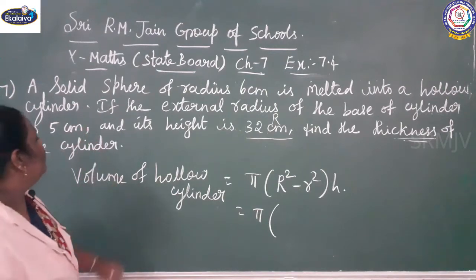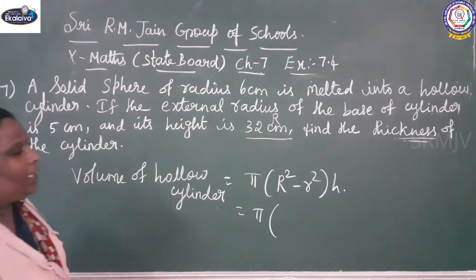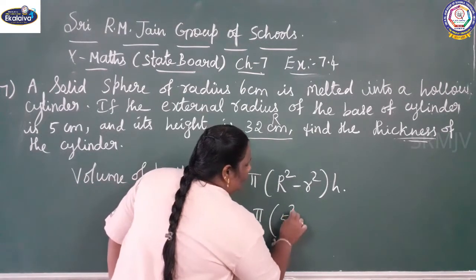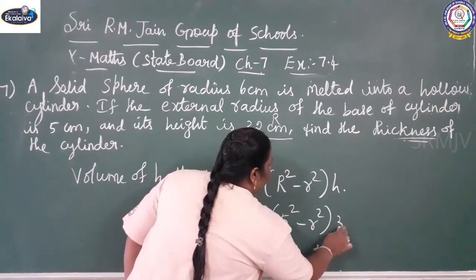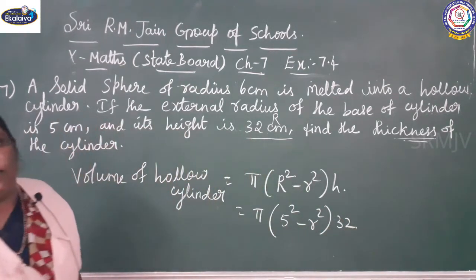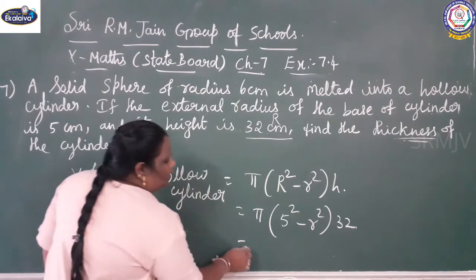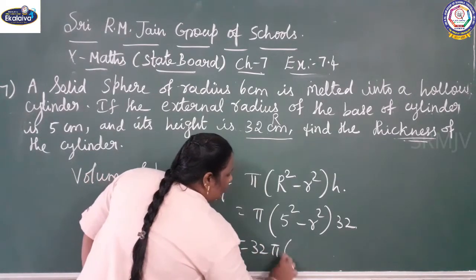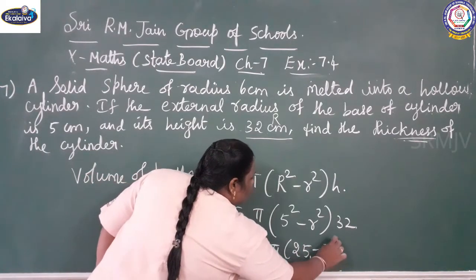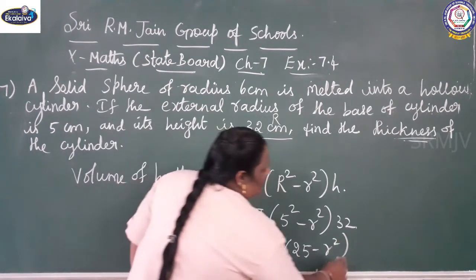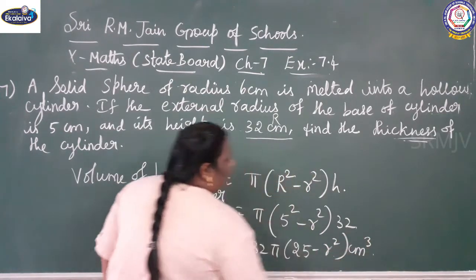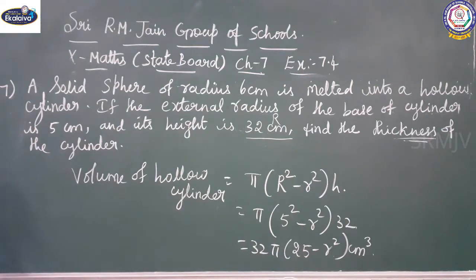External radius is 5 centimeter. So pi into 5 square minus r square into height, which is 32 centimeter. So 32 pi into 25 minus r square centimeter cube.